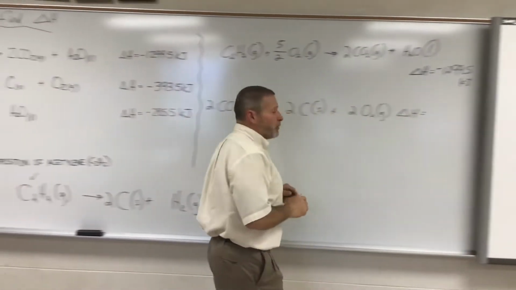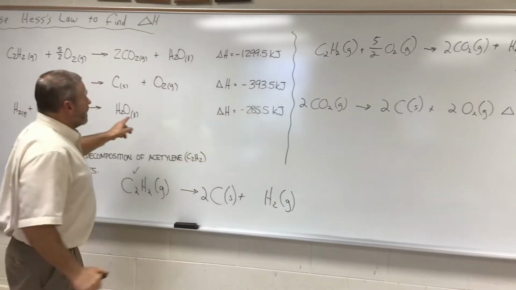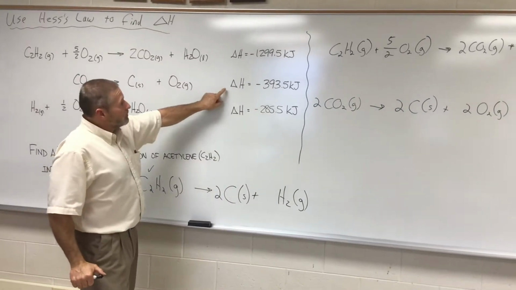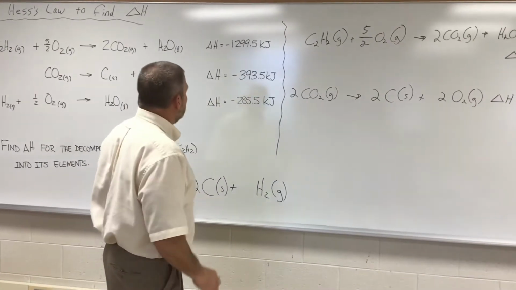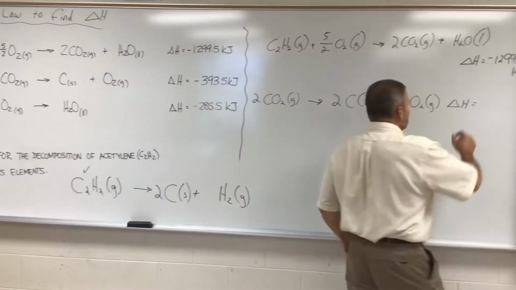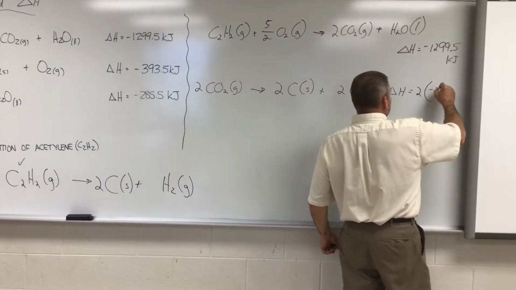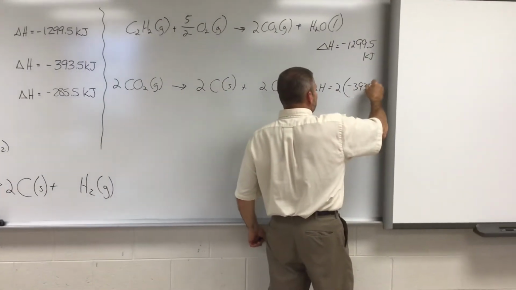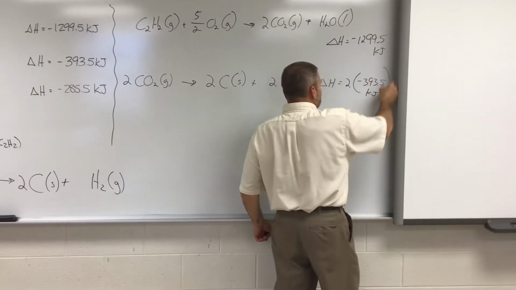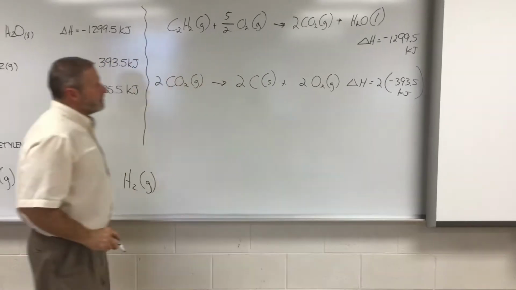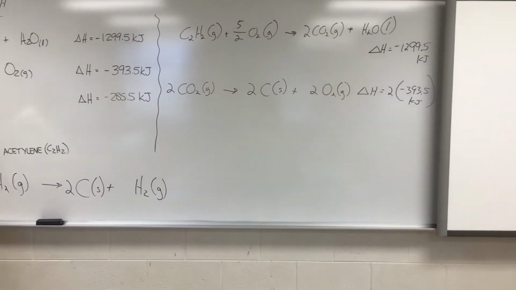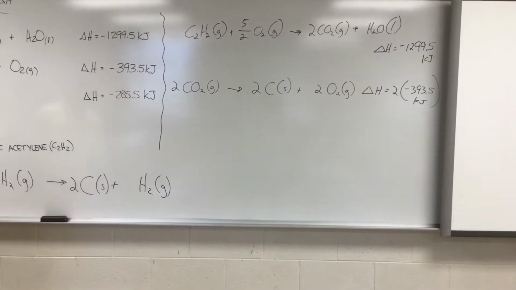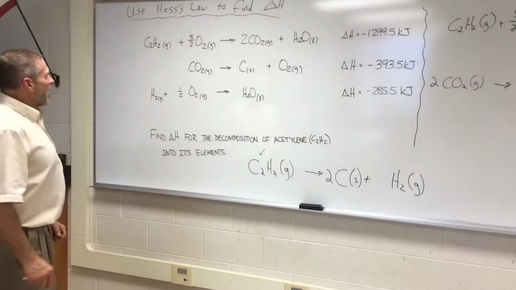And remember now that we have to double delta H. So that's going to be, brain fade, double 393.5. I like to do that anyways because then it points out that, hey, we doubled the number. All right, home stretch.